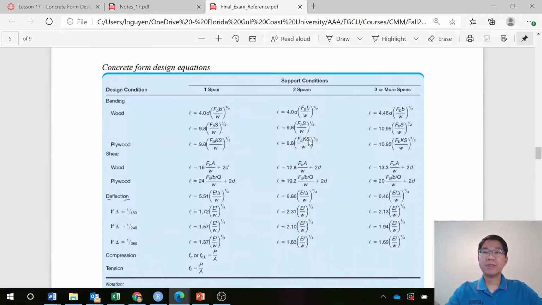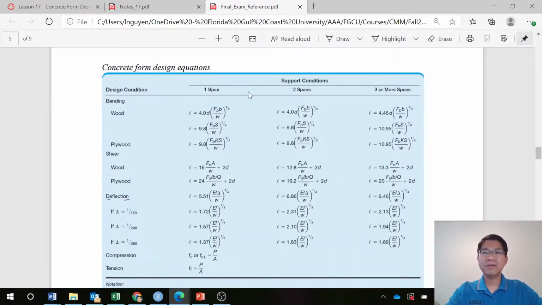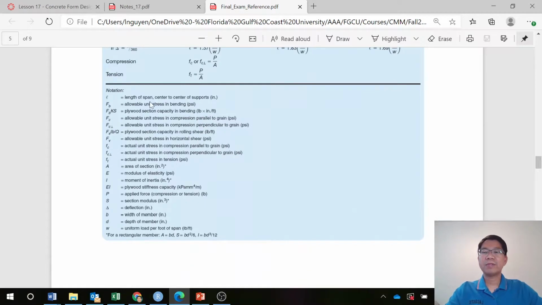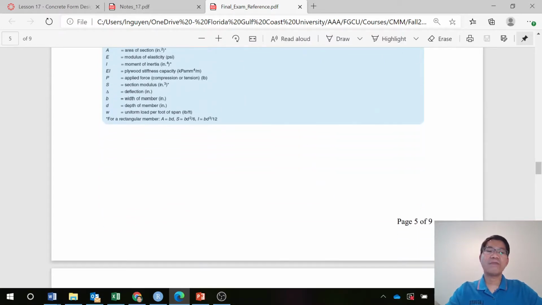And then we have the concrete form design equations for different situations with the support condition, with different design conditions, bending, shear, or deflection. If you forget what a symbol or notation is, go back to this table on page 5 of the final exam reference.